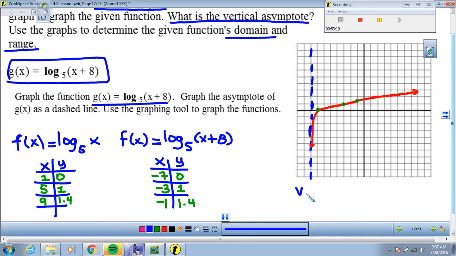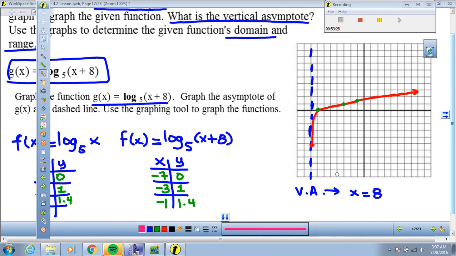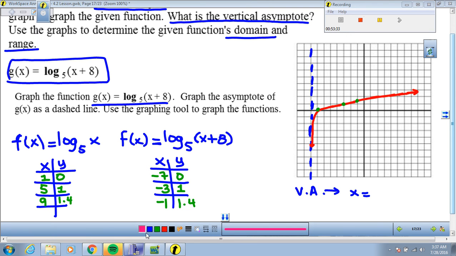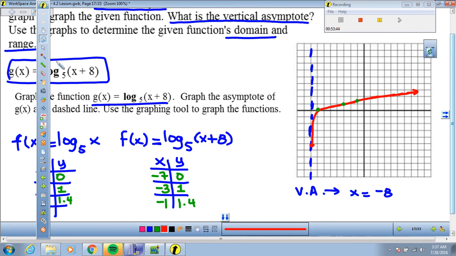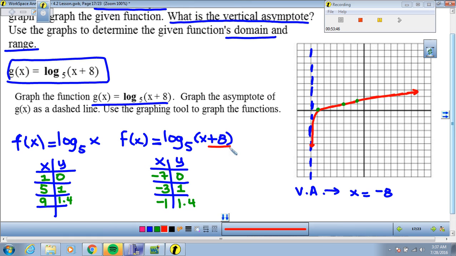But your vertical asymptote here is x equals positive 8. Where am I, I'm sorry, not positive 8, negative 8. Where in the equation can you also tell that value, not just by the graph or by knowing the definition, but from this plus 8?